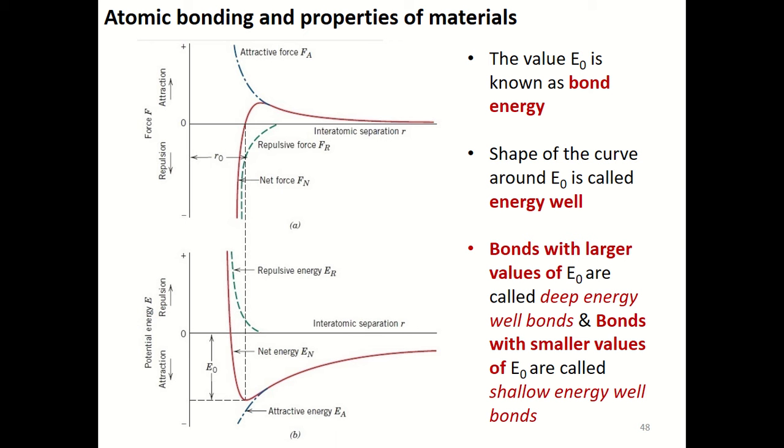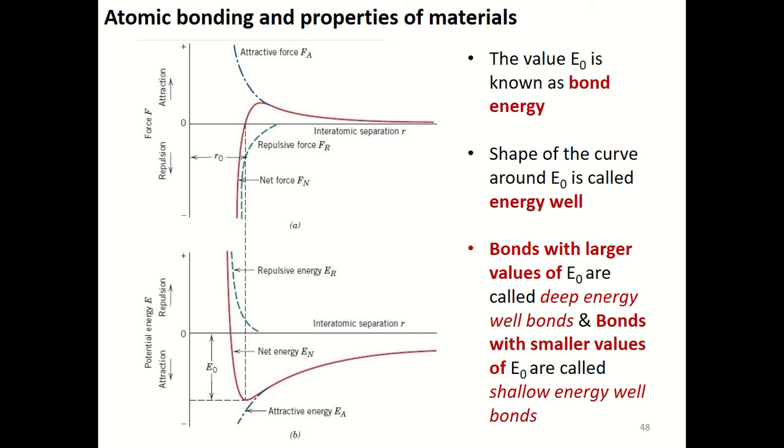At larger distances, the interactions between the two atoms are negligible, and hence the forces exerted by each on the other are also negligible. But at closer distances of approach, each atom begins to exert force on the other.